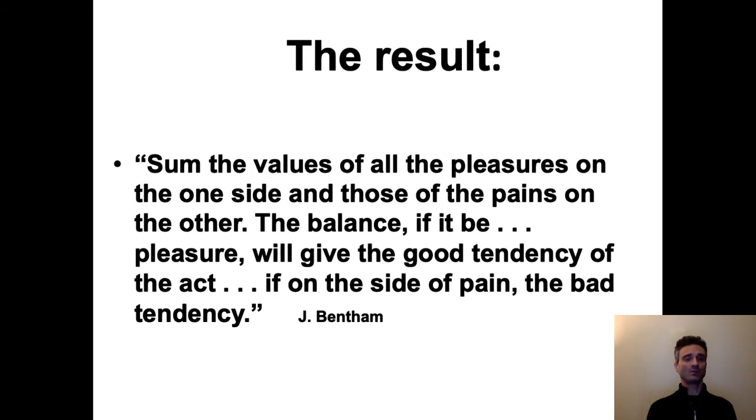If you end up with the column of the pleasures giving you a figure which is much higher than the pains, then you know what to do. You have to do the action that produces, on balance, more pleasure than pain. But remember, this is very important.